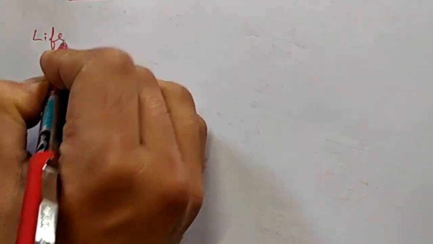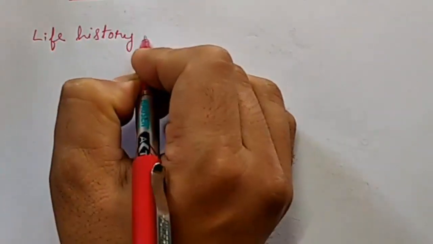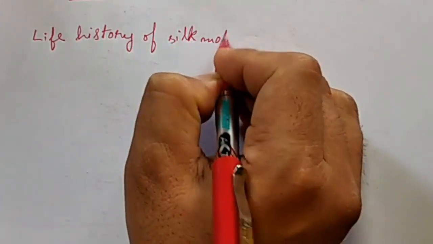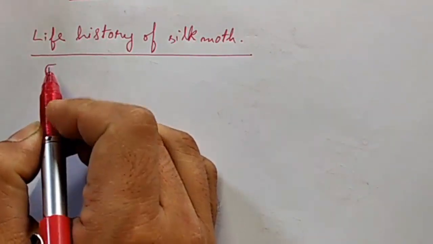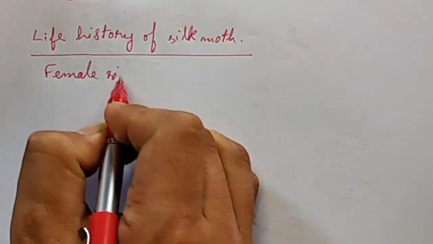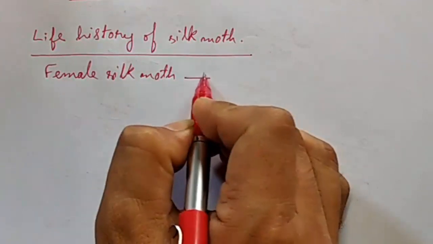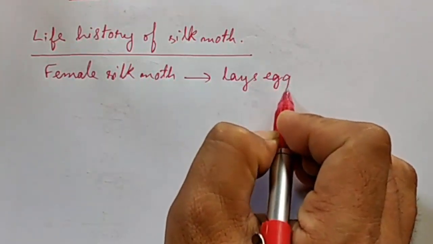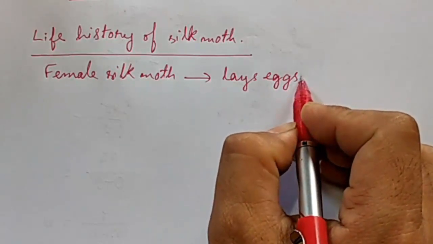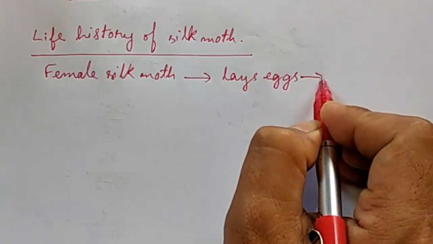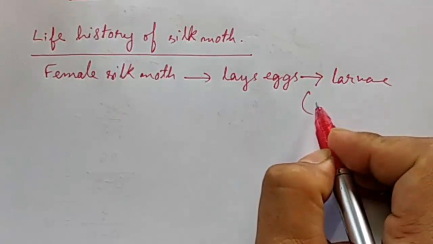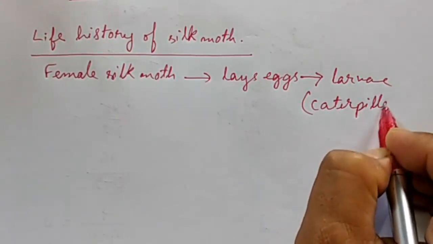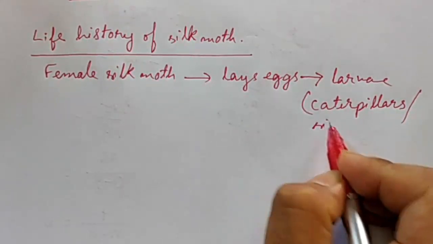Next, let's see the life history of silk moth. At first, the female silk moth will lay eggs, and these eggs will hatch into larvae, which are called caterpillars, or we can say silkworms.